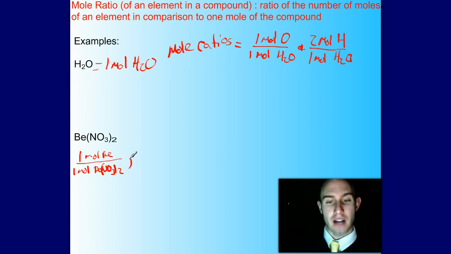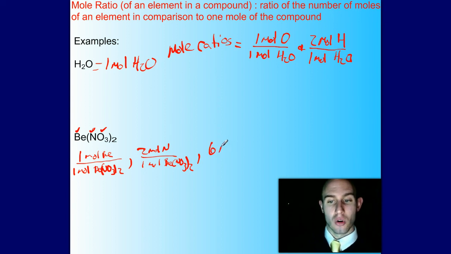The other possible mole ratios exist, and I'm just going to go in order. I did Be, so I'm going to do nitrogen next. There is a subscript 2 on the outside, so I have to distribute it. 2 moles of nitrogen per 1 mole of Be(NO3)2. Continuing, I did nitrogen, now let's look at oxygen. 2 times 3 is 6.